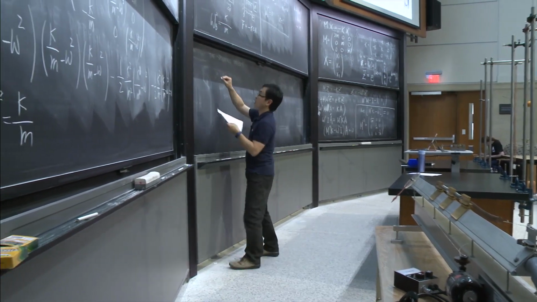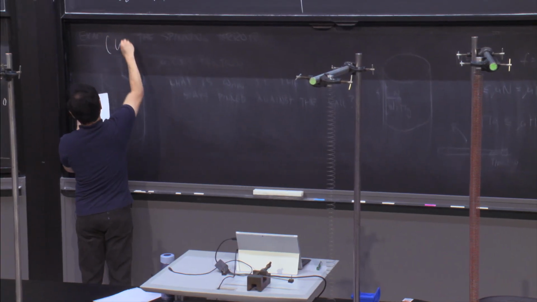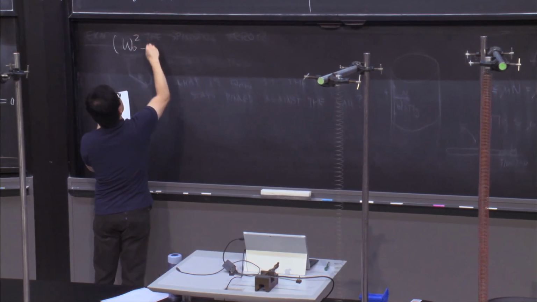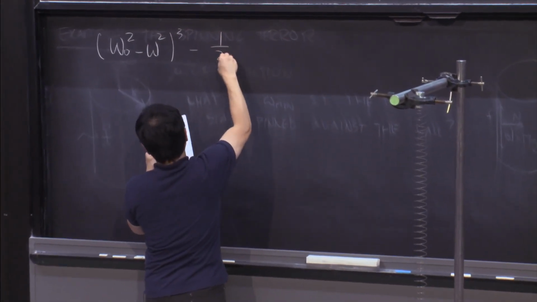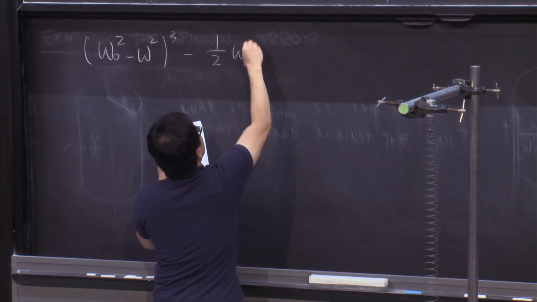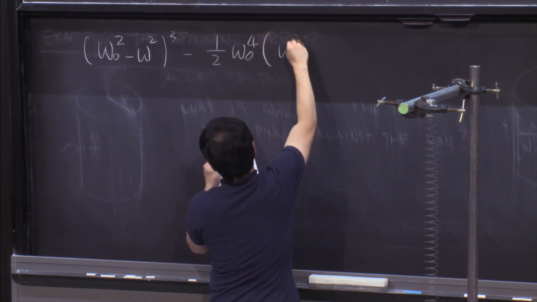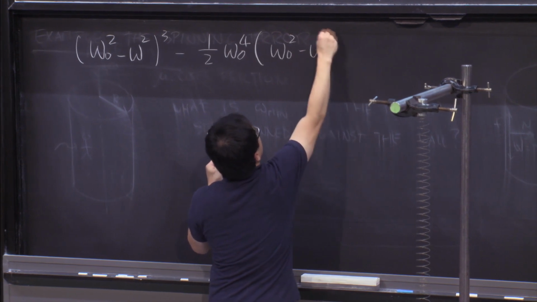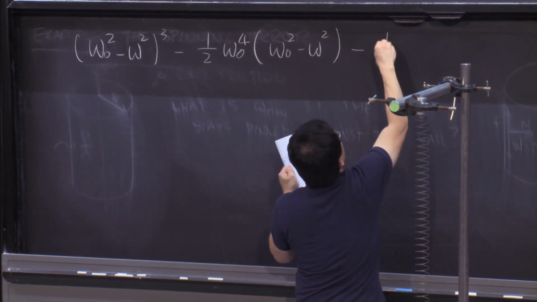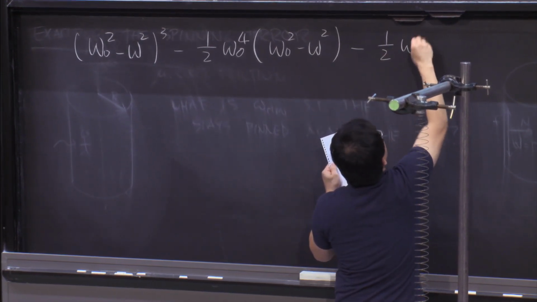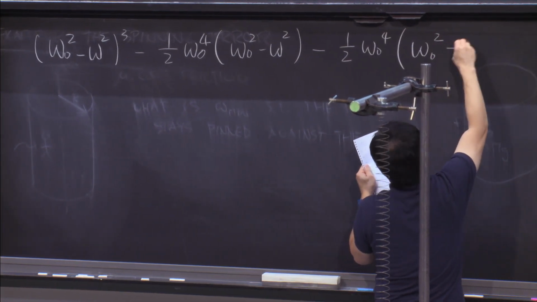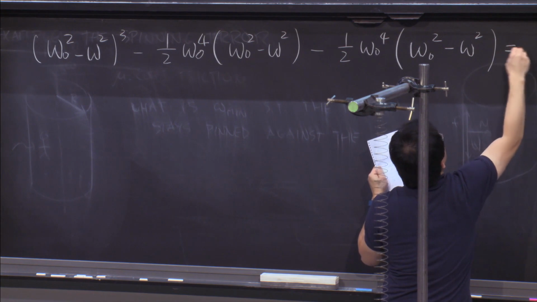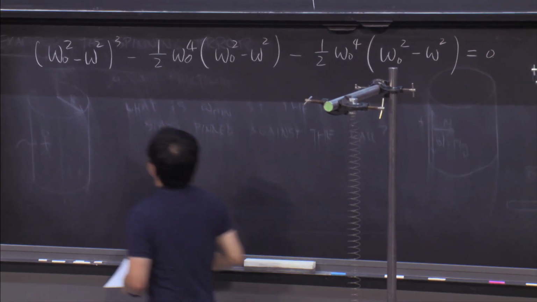Then basically what you are getting is (omega 0 squared minus omega squared) to the third, minus 1/2 omega 0 to the 4 times (omega 0 squared minus omega squared), minus 1/2 omega 0 to the 4 times (omega 0 squared minus omega squared). And this is equal to 0, okay?